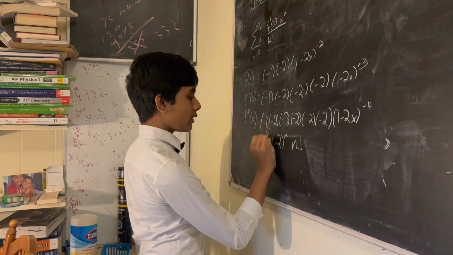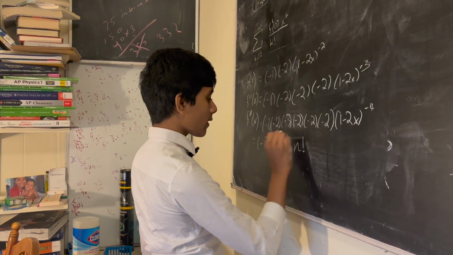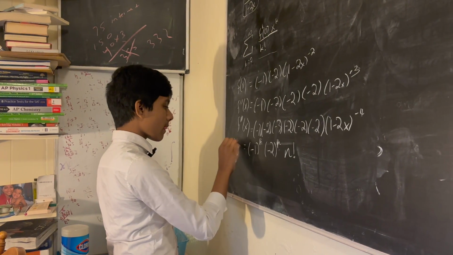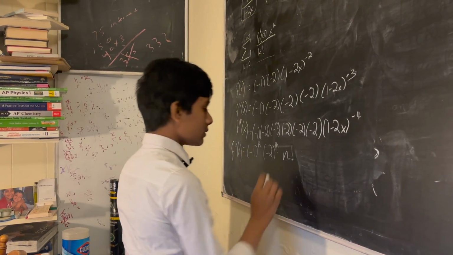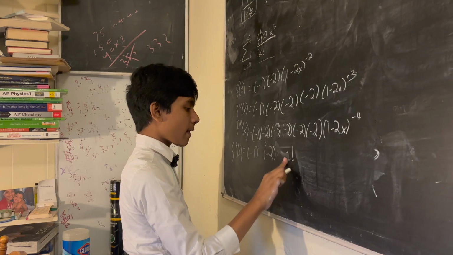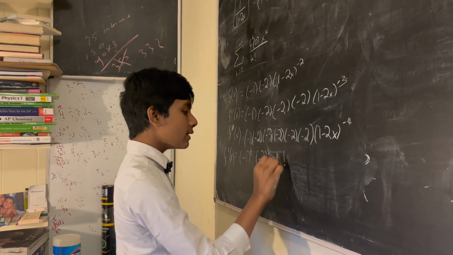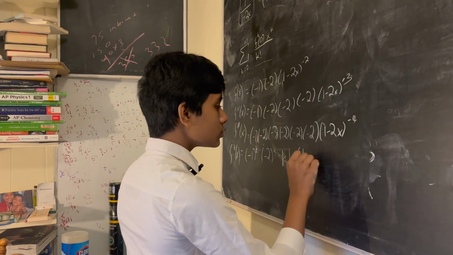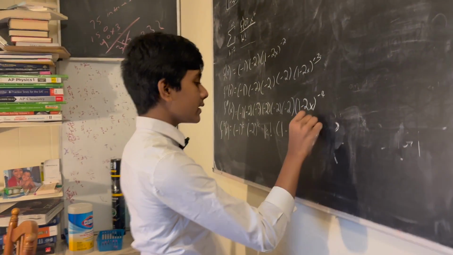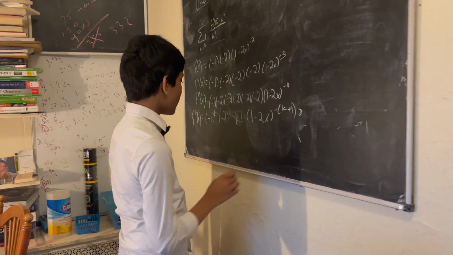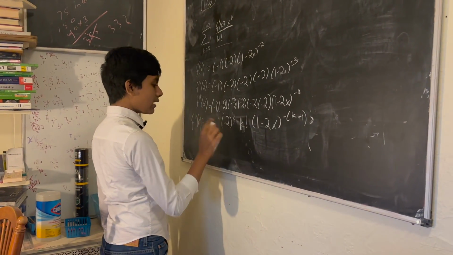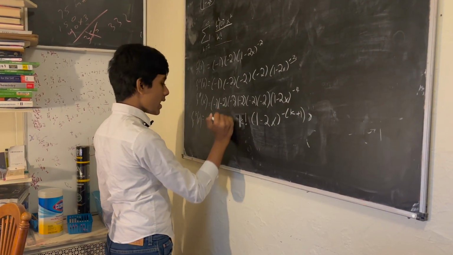And of course, we're actually writing in terms of k. So we have negative 1 to the k, negative 2 to the k, k factorial times 1 minus 2x to the negative k plus 1. And of course, this cancels out with this to just become 2 to the k.